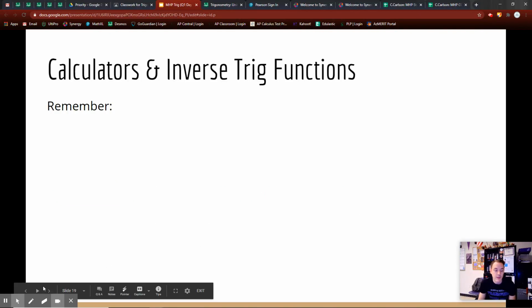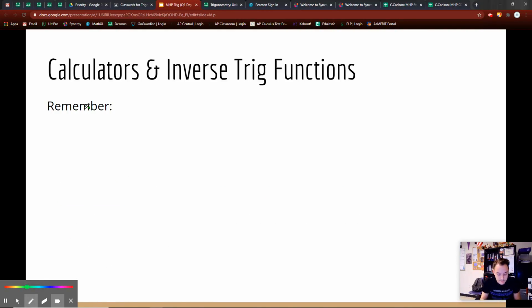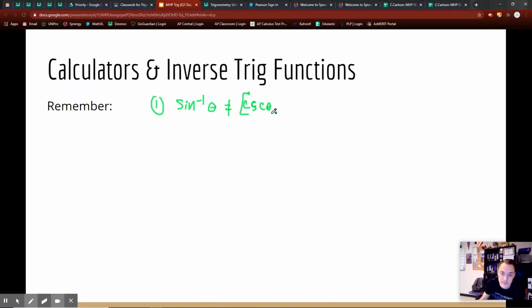First things first, before we get to calculators, I need to say this every single time, especially if you have a TI-36X Pro. Inverse of sine of theta does not equal cosecant. Instead, cosecant of theta equals 1 all over sine of theta.